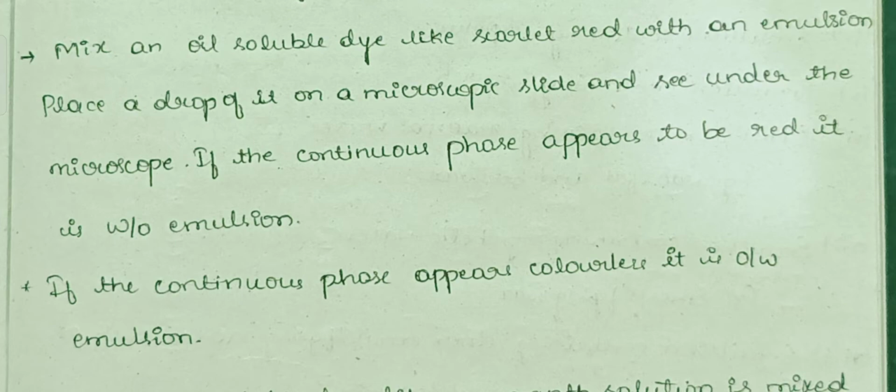If the continuous phase appears to be red, then it is the water in oil type of emulsion. Continuous phase, oil. Dispersed phase, water. If the continuous phase appears colorless, then it is called the oil in water type of emulsion.